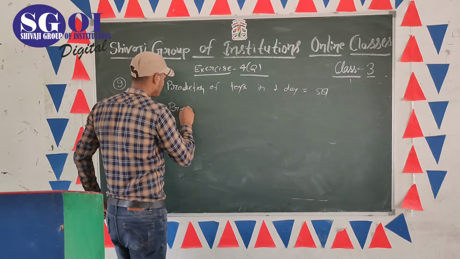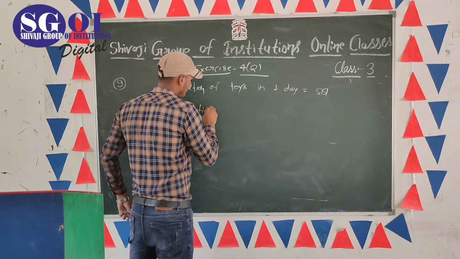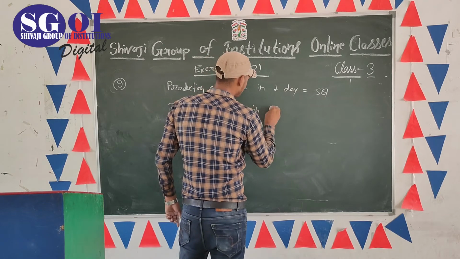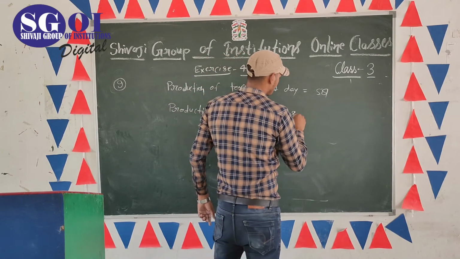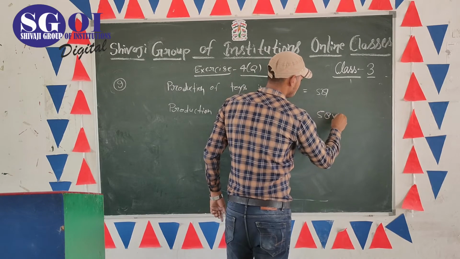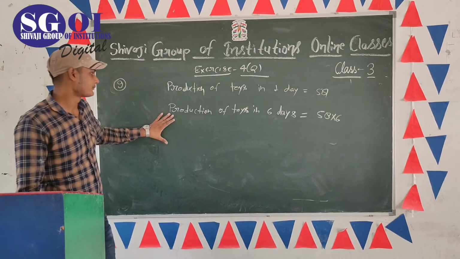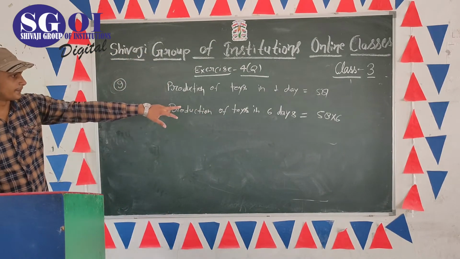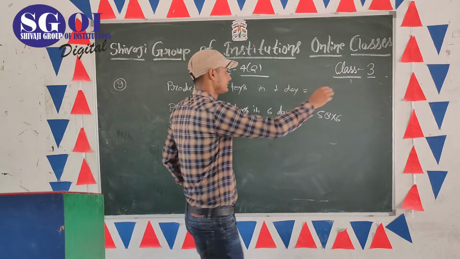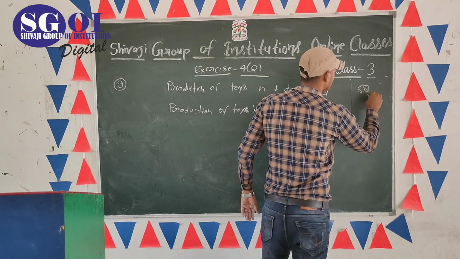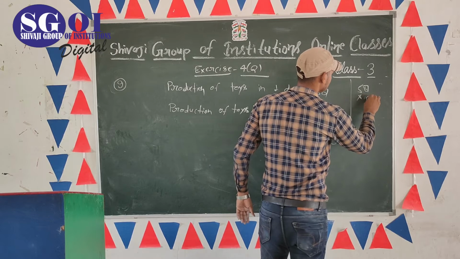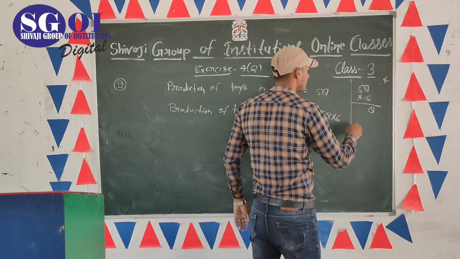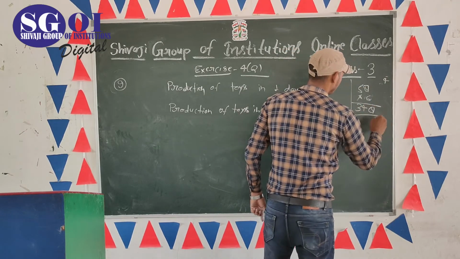Means production of toys in 6 days. Production of toys in 6 days is equal to 58 multiplied by 6. 6 8s are 48, carry 4. 6 5s are 30. 30 plus 4, 34.